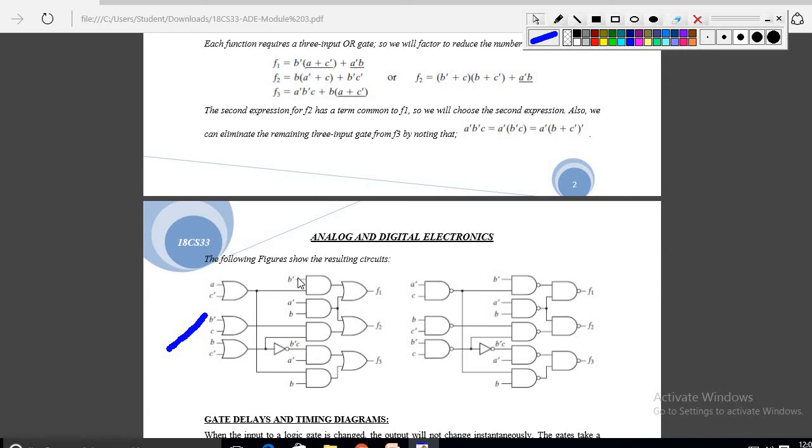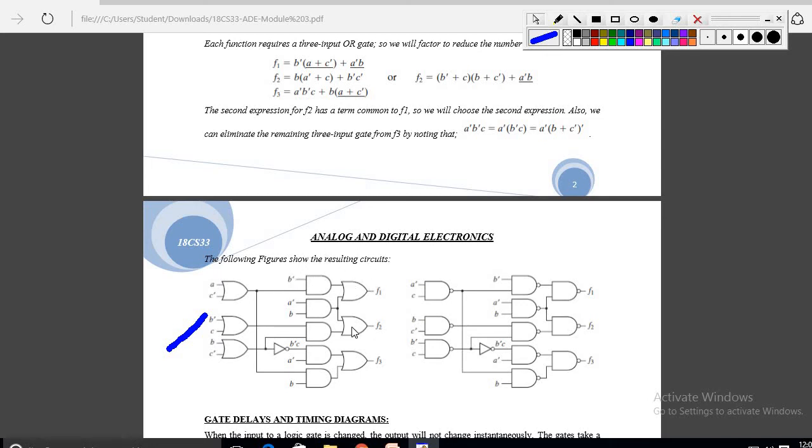One AND gate input is B bar, and A plus C bar comes from the NOR gate. The output of this will be B bar and A plus C bar. So the output of the AND gate I am giving to the input of the NOR gate. This is exactly the form.